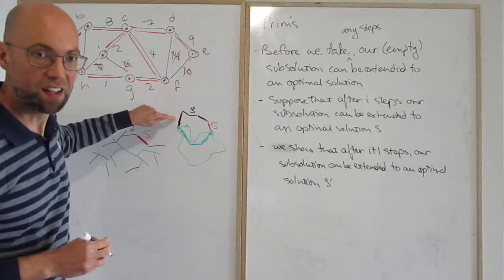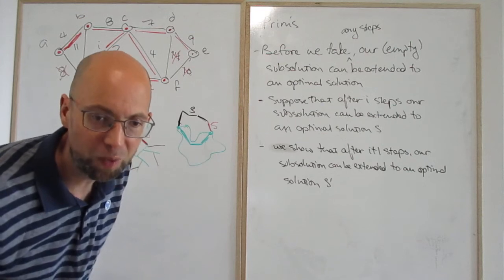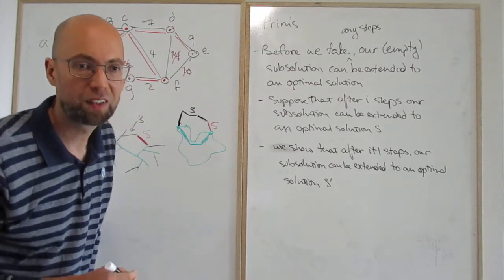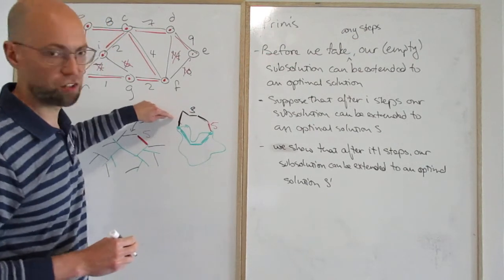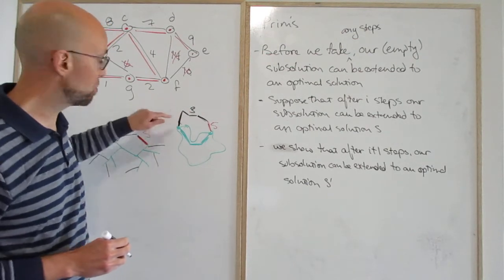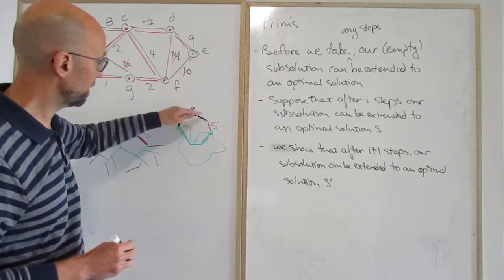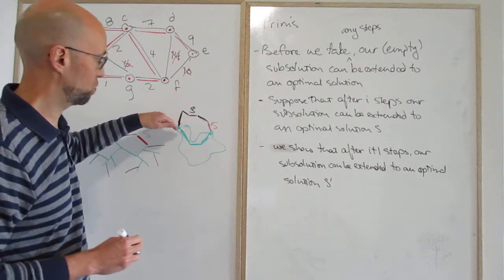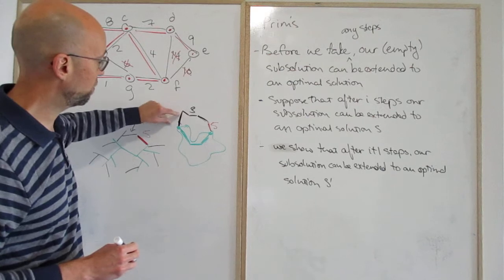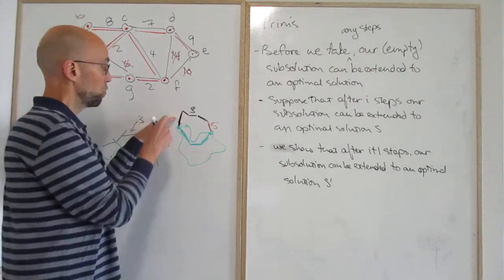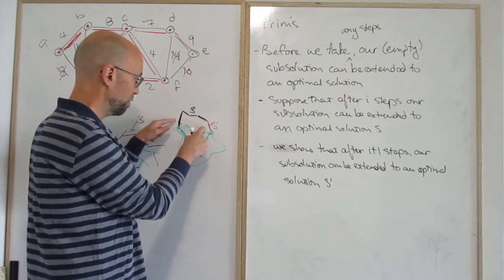But this edge: there has to be one edge in the cycle, a black edge, that touches the tree. Because it's a cycle, it leaves the tree, it has to come back to the tree. So there has to be this edge that reconnects, and this one is incident to the tree when we're considering 5.